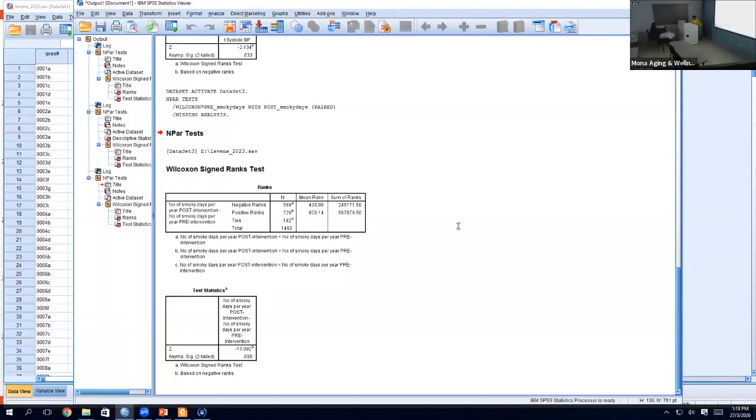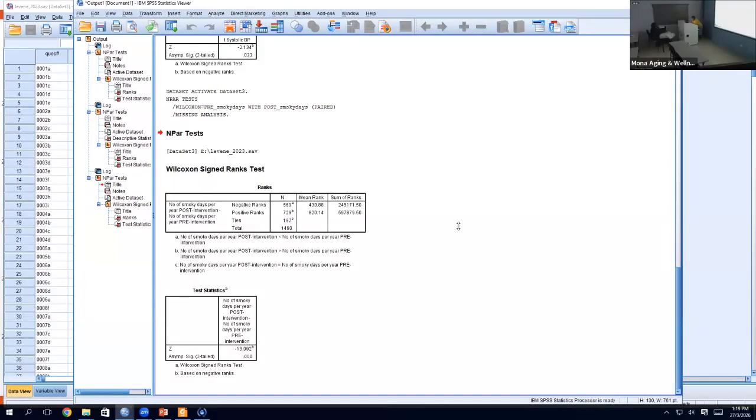All right, guys. So the final thing we're saying in conclusion is that the intervention made a difference, because the p-value was less than 0.001. The intervention made a difference, yes, but not in the way that we wanted it to. So you realize that you have number of smoky days post-intervention minus number of smoky days pre-intervention.